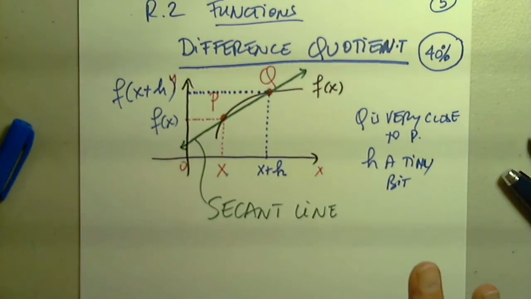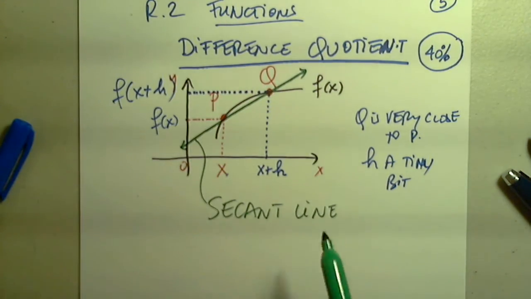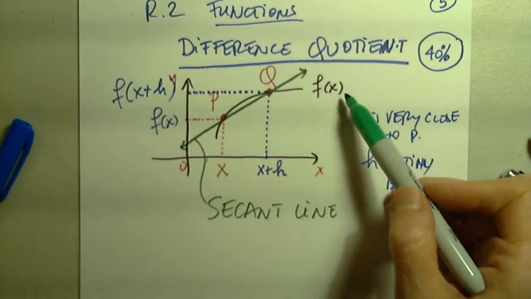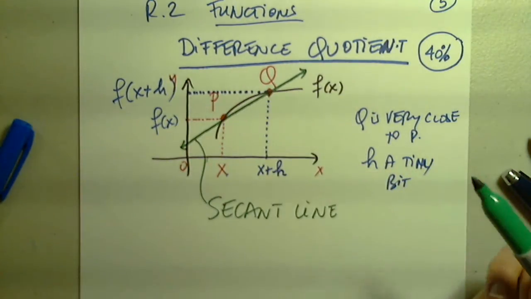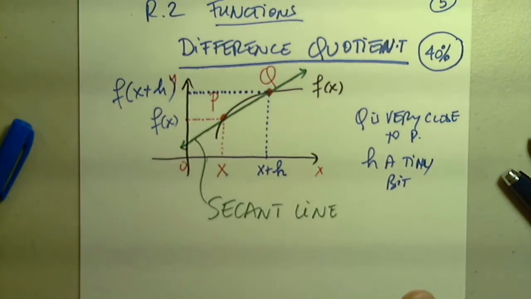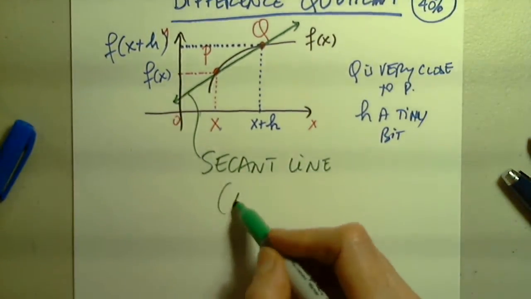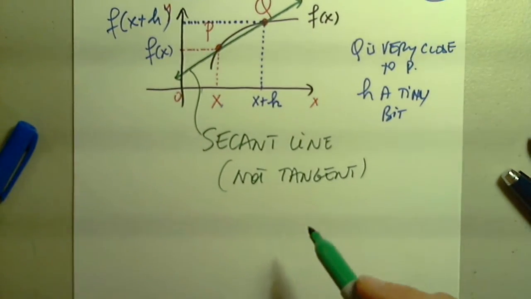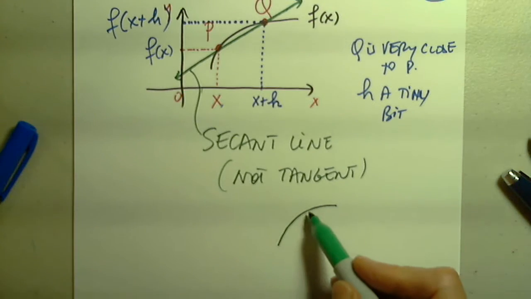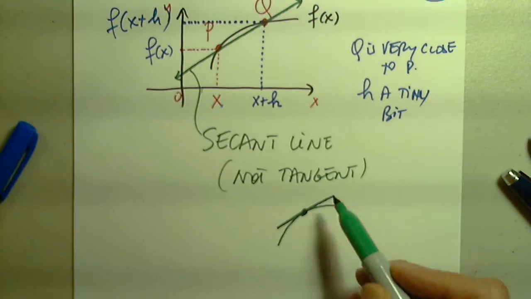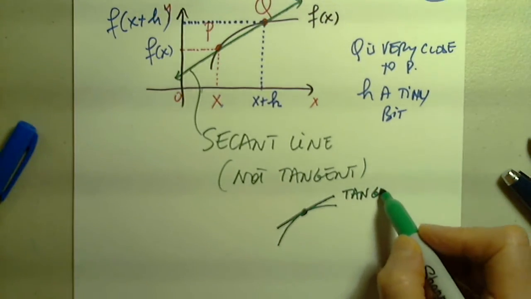Nothing to do with trigonometry. It just says that this line crosses the graph in 2 points. It can be more, but at least 2 points. It's not tangent. What does tangent mean? This will be tangent.